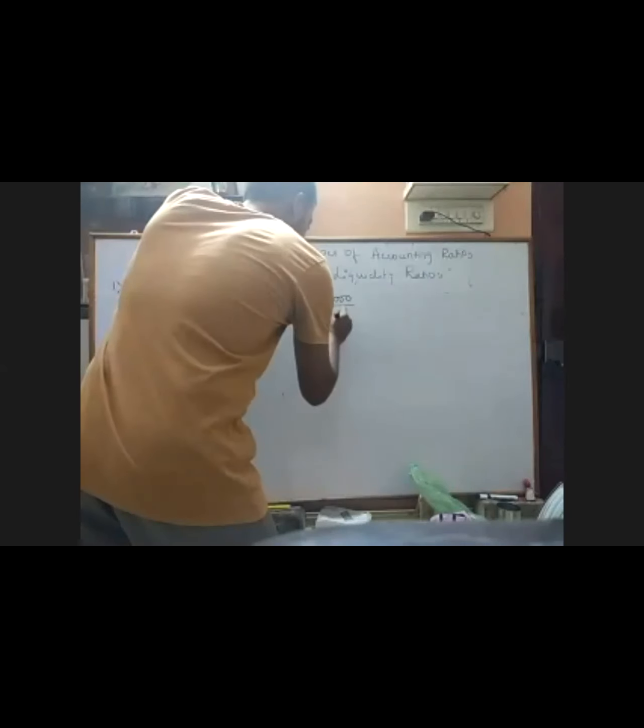Below that, check the amount of current assets given in the problem: 2,40,000. And the current liabilities is 60,000. So it results in 4 divided by 1, which is nothing but 4:1.